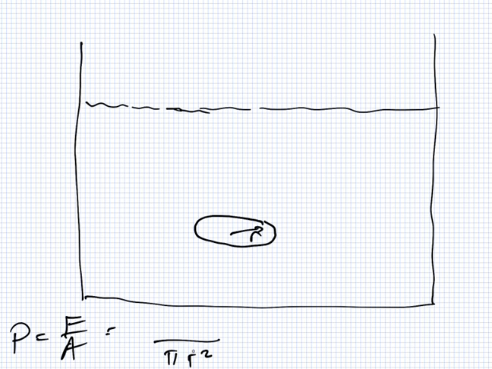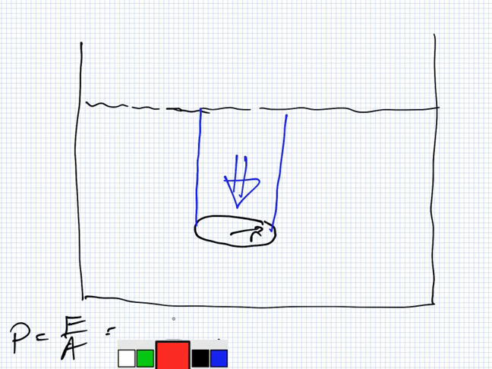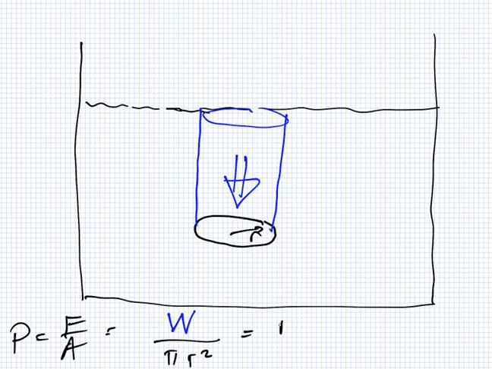The force is the water above it pushing down. It's the weight of the water above the coin pushing down on it. That's the force. What's the formula for weight? It's mg.